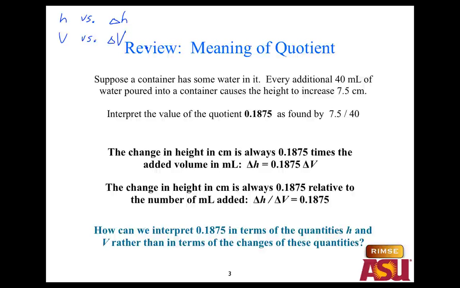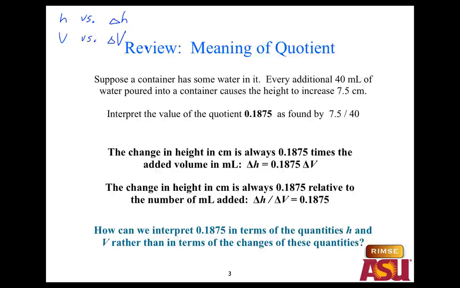So you can't do that, and that goes back to number 8 in the homework. Does the changes being proportional guarantee that the actual quantities are proportional? I'm going to say yes, because for any given volume, you can find an appropriate height, but using that changing rate there.